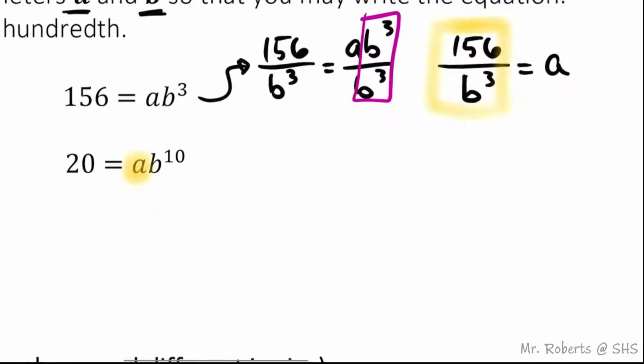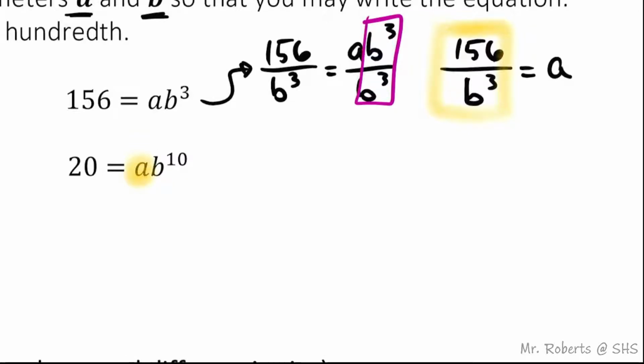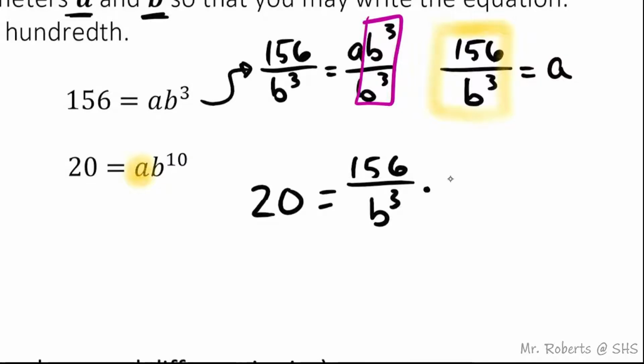So let's write that second equation using substitution. This is going to become 20 equals a, 156 over b to the third, times b to the 10th. It might help you to see this better: b to the 10th is b to the 10th over 1. It literally is a fraction.